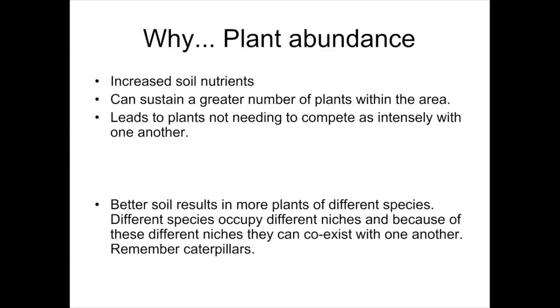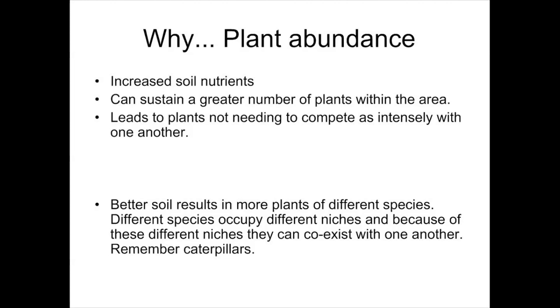Different species, okay, different species occupying different niches. Remember those caterpillars, okay, the window caterpillars and notch caterpillars, because they occupy different niches, they could coexist. Okay, this is like Gause's principle.